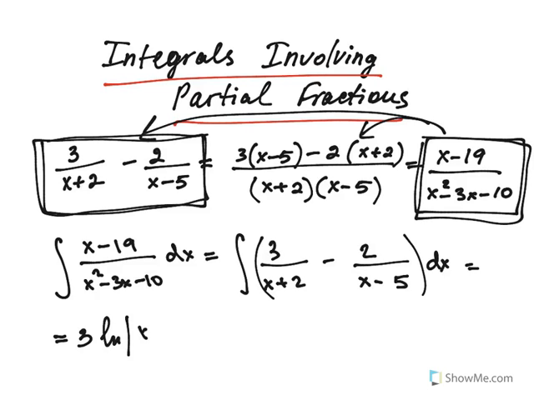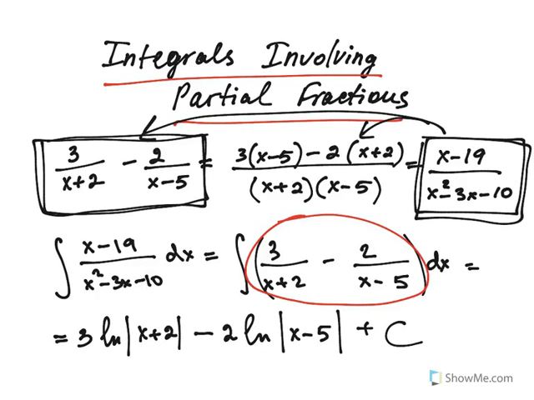Don't forget the absolute value, because you don't know what the x values are. ln of x plus 2 minus, pull out the 2, and again ln of x minus 5, and then plus C, and you're done. So the second integrand right here is called a partial fractions decomposition of the first integrand. Okay, and that's about it.